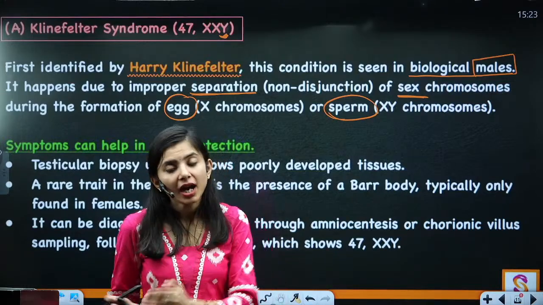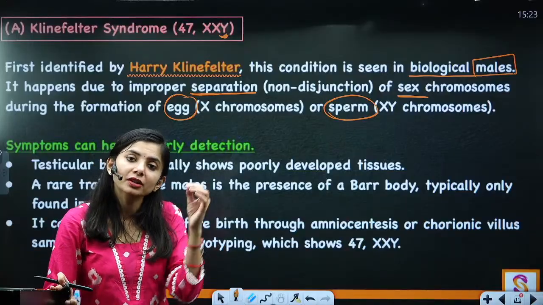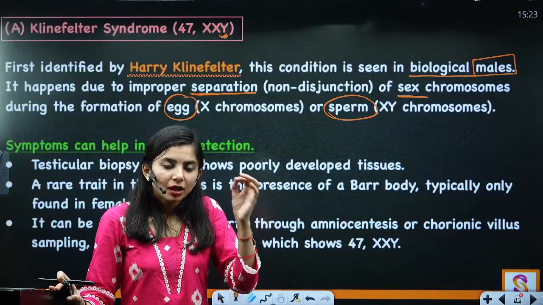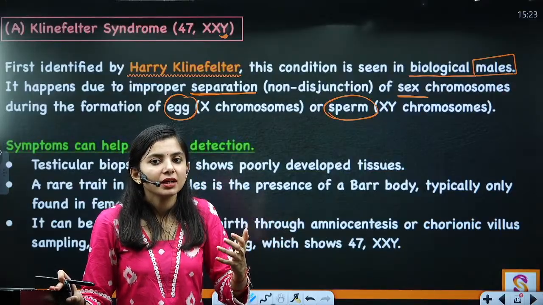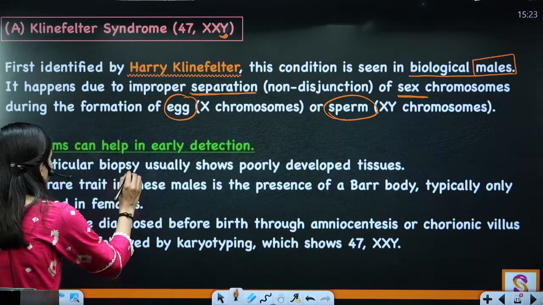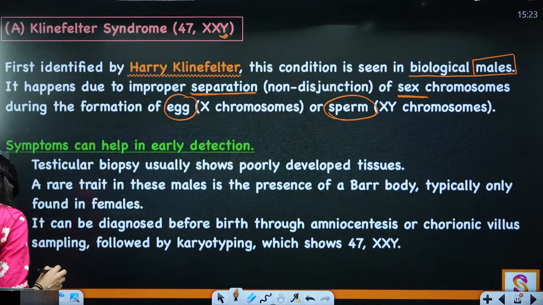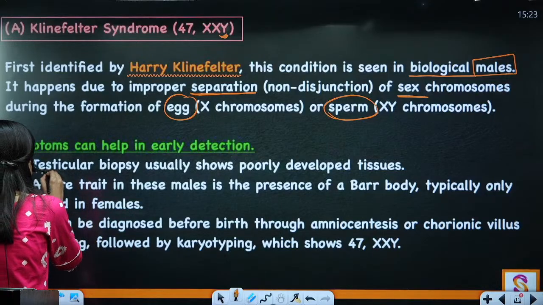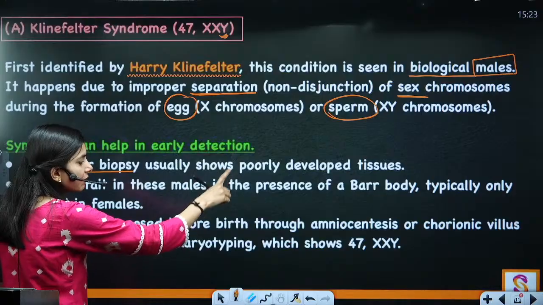But there are some tests, before the birth of the child, in terms of the fetus stage, by which we can determine why this is happening. Okay, so how could that be? Usually, for that child, the testicular biopsy usually shows poorly developed tissues.